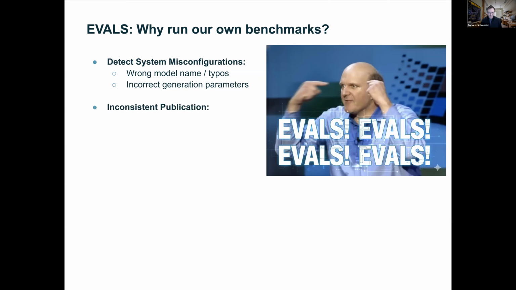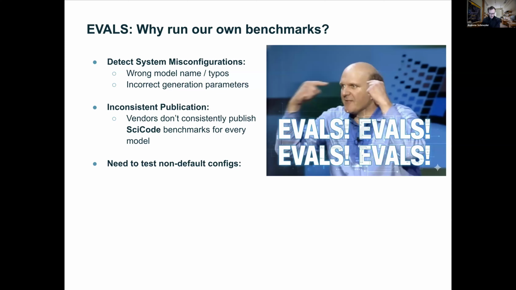There's also inconsistent publication. Vendors don't consistently publish results for every benchmark. They pick and choose the ones that they want to announce. In particular, there's one called SciCode, which is what I'm going to be talking about today.